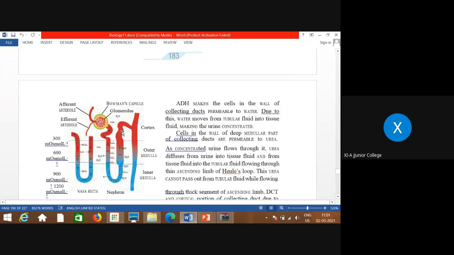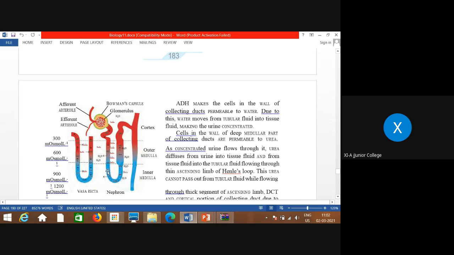As well as the blood vessels which are surrounding this loop of Henle, they are also running in the opposite direction. The blood vessels, the vasa recta, are both descending and ascending, and their flow is also in the opposite direction, which is shown here in the vasa recta region and in the nephron region.